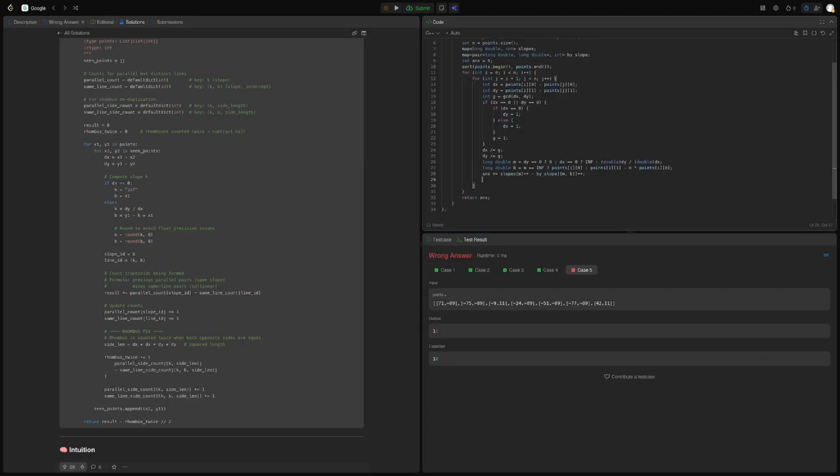Okay, so rhombus fix when both opposite sides are equal. I mean, that's fair, so it's counted twice, so y side length is... no, this doesn't have to be there.